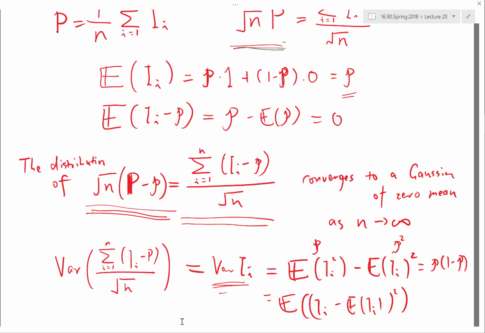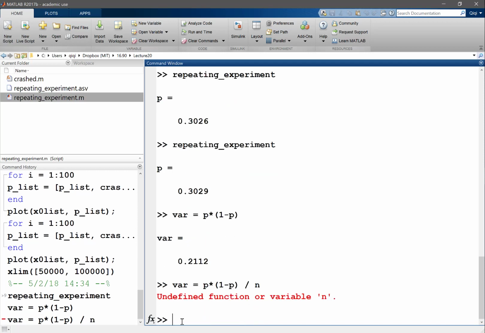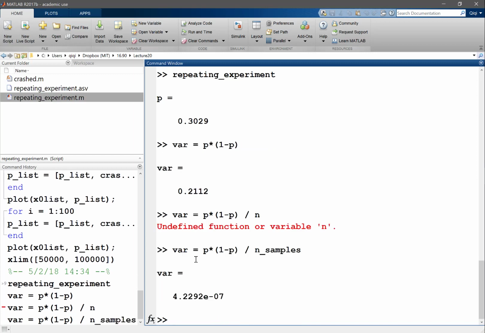Right. When we're talking about variance, it scales with the square of the random variable. So the variance of my estimator is going to be divided by n samples. The variance is actually pretty small, 4 times 10 to the minus 7.